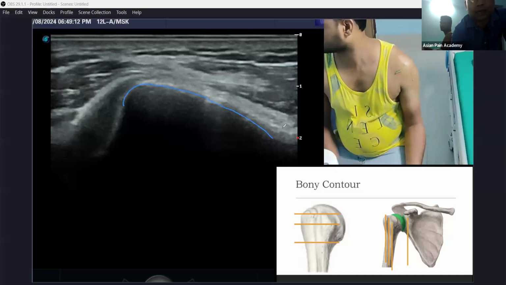This area is the greater tuberosity. You can see that I am marking this area.